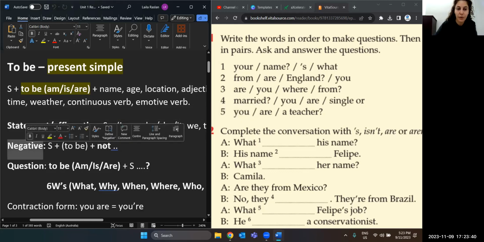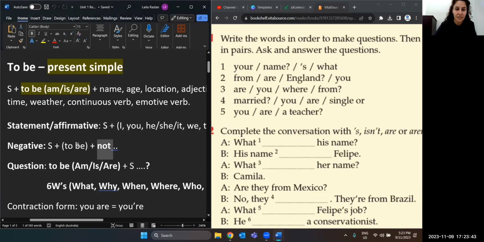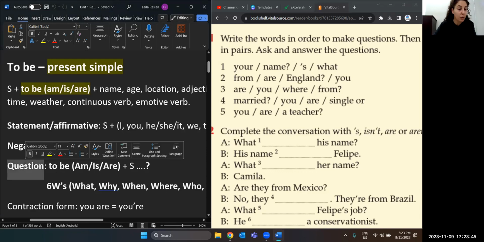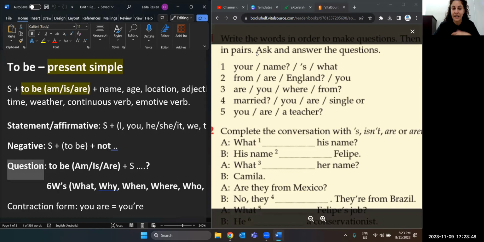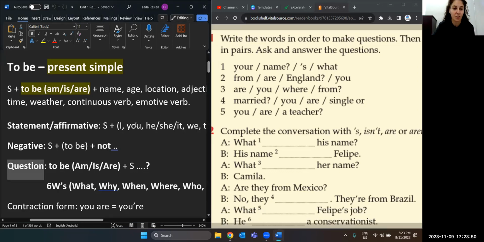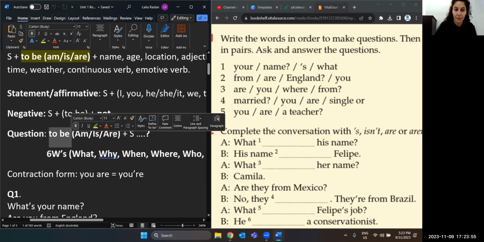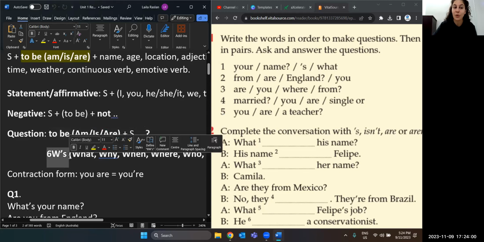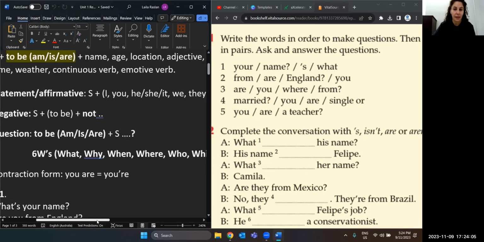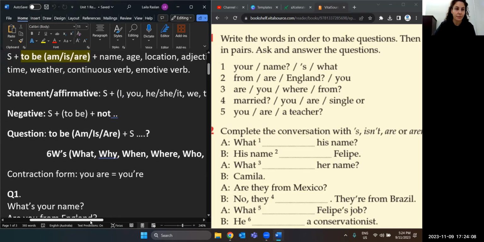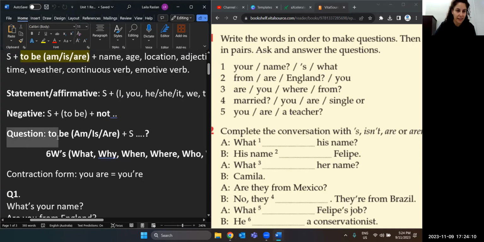To make it a negative, we add not. So subject, to be, not. And to make a question, this is where we need to understand the rule first before we do the question. We have two ways. We can start with to be, so am, is, are, and then have the subject. Or we can use one of the 6 W's: what, why, when, where, who, which. So that's where we are here. We're making a question. So let's just keep this rule in mind.